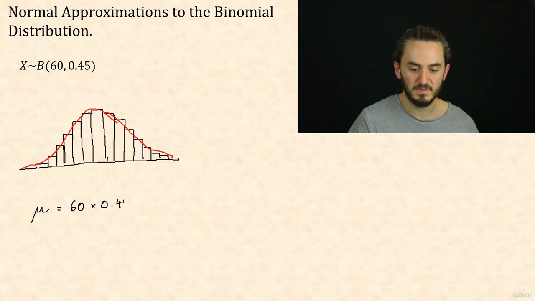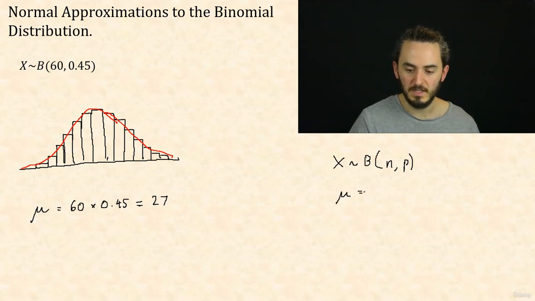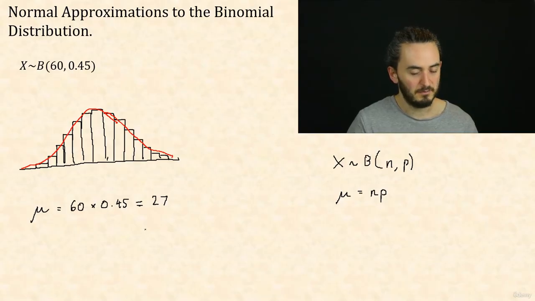So 60 times 0.45, which is 27. And this generalizes in the following way. If you've got a binomial distribution with n trials and probability of success p, then the mean is np.